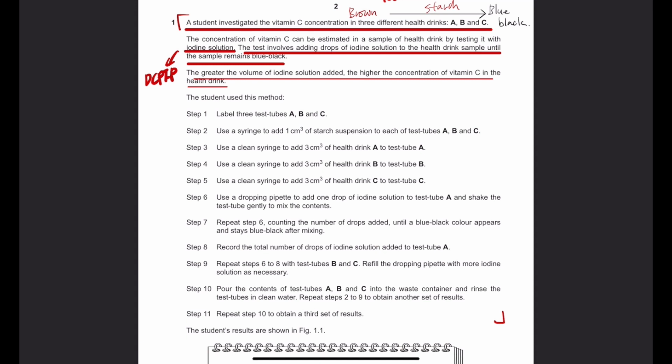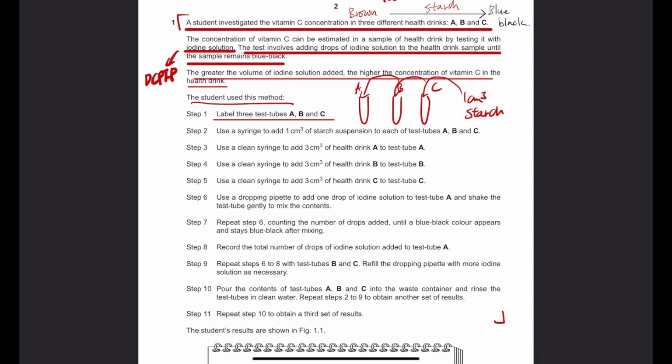The student used this method. So step 1, label 3 test tubes A, B, and C. So there were 3 test tubes A, B, C. Use a syringe to add 1 cubic centimeter of starch suspension to each test tube. So starch suspension was added to each test tube.